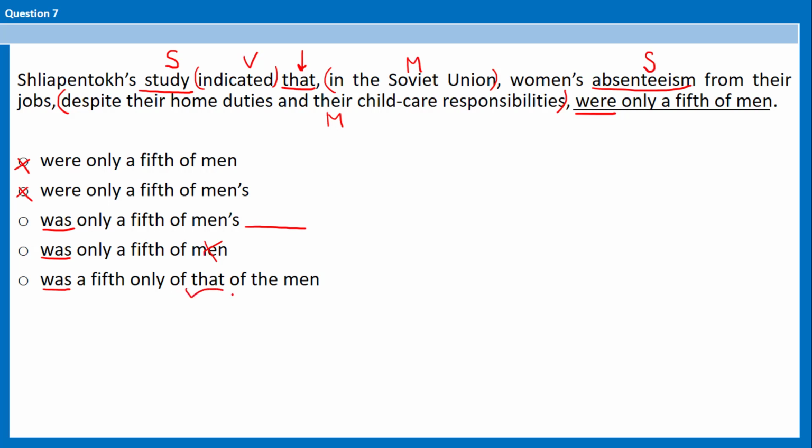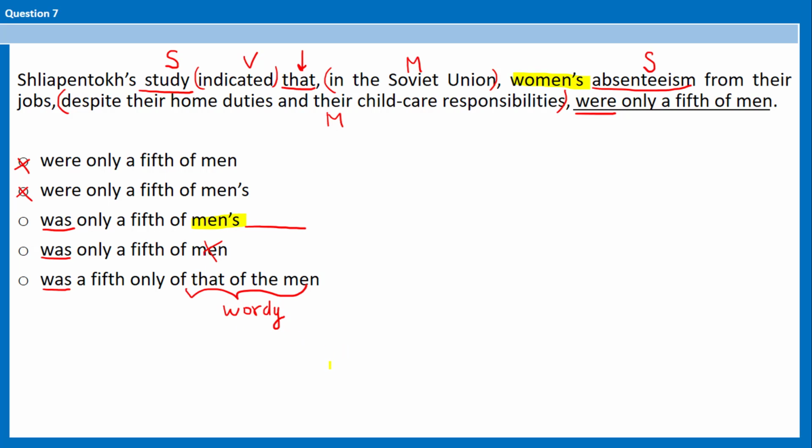Okay, be careful, that structure is wordy. Okay, this is wordy because it uses more words than what you need. And to keep parallelism, focus on the possessive noun here. Women's absenteeism is more parallel to men's absenteeism.